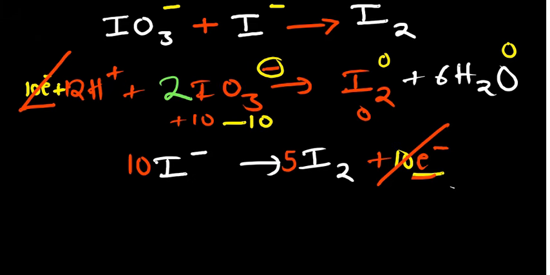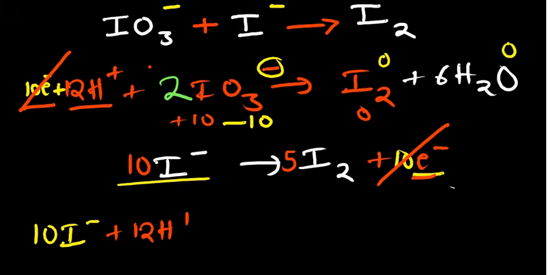At this point, is there anything else that is on the opposite sides? There is nothing. So we can now rewrite the entire equation, starting with the oxidation reaction. We have 10 iodine as our reactant from the second half reaction, and then I can start with the 12 hydrogen ions, and then we have 2 IO3 minus.